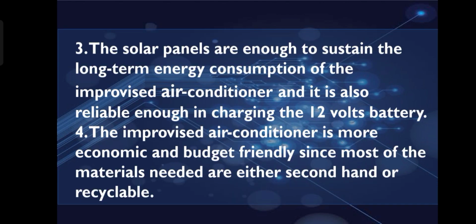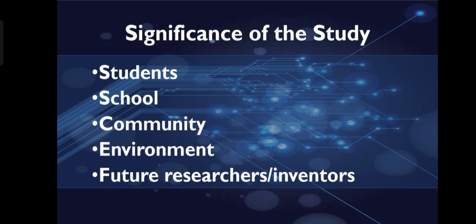Number 3, the solar panel is also enough to sustain the long-term energy consumption of the improvised air conditioner, and it is also reliable enough in charging the 12-volt battery. For the last, the improvised air conditioner is more economic and budget-friendly since most of the materials needed are either second-hand or recyclable.